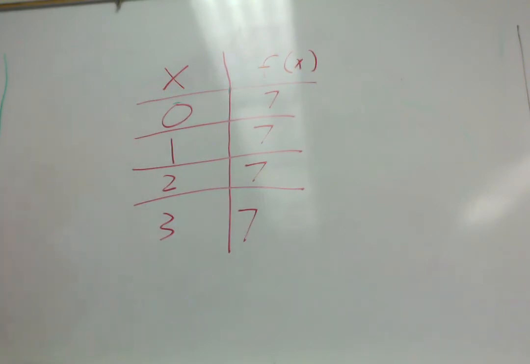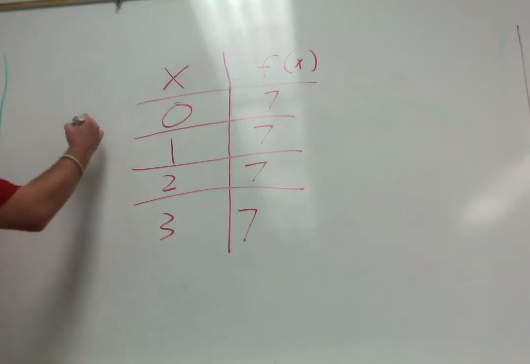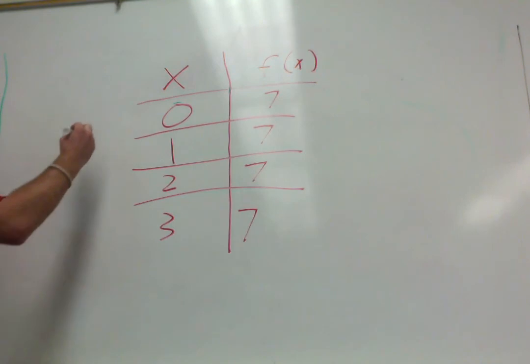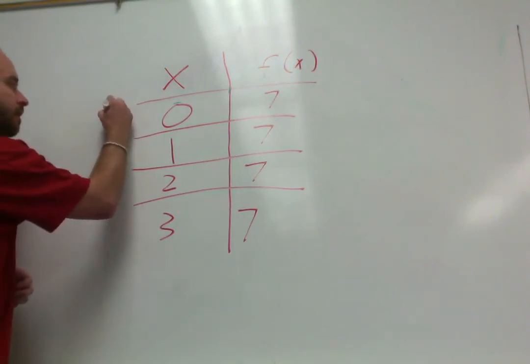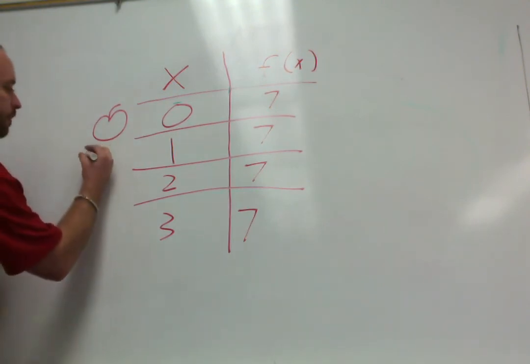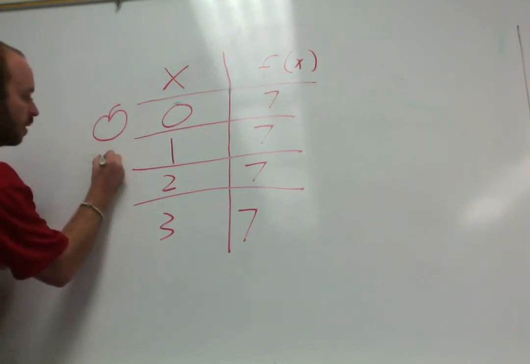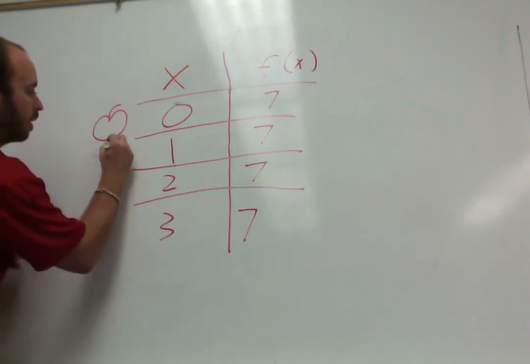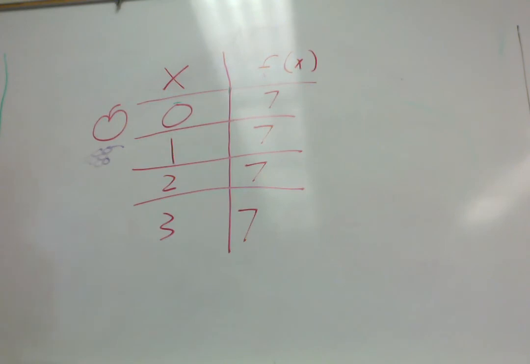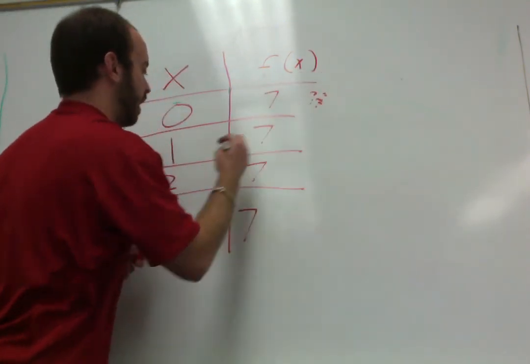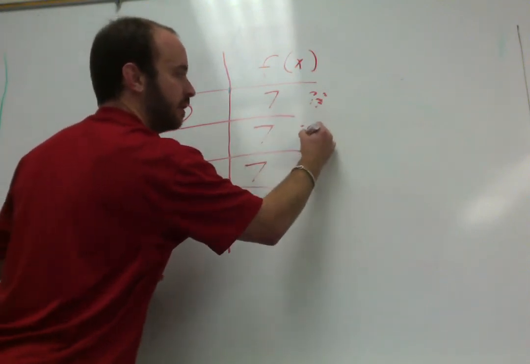Now, that is okay, because remember, it doesn't matter. We can get the same output for multiple inputs. So, if this is an apple, and this one is a bunch of grapes, this can yield apple seeds, and this one can yield seeds as well.